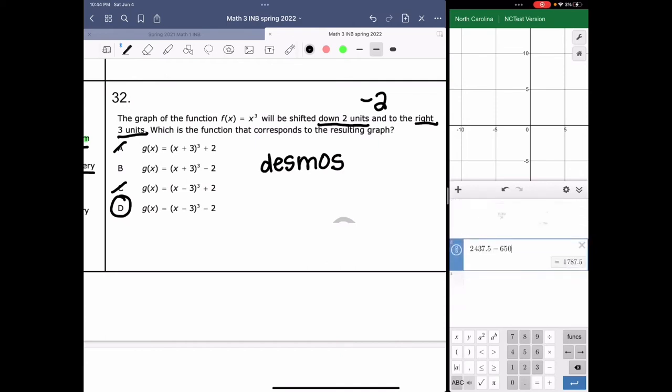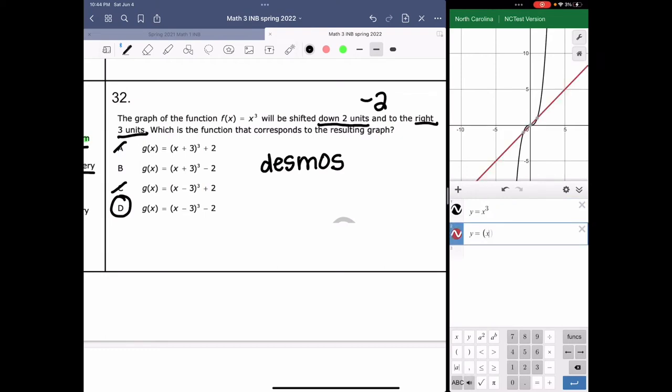If you decide to look at it in Desmos, you can look at the original. So we can look at y equals x to the 3rd. And then you could check every answer. If I do the first one, I would have x plus 3 cubed, and then plus 2.